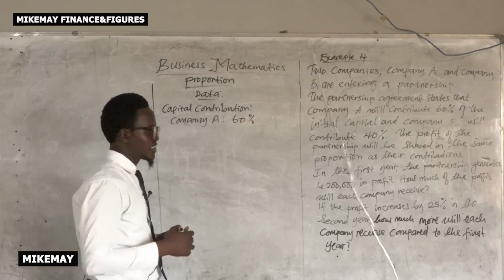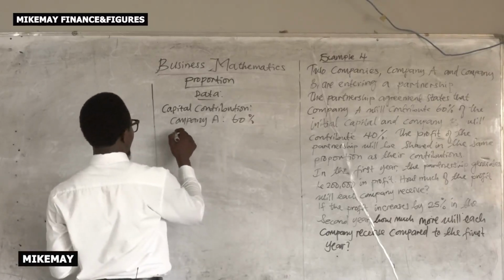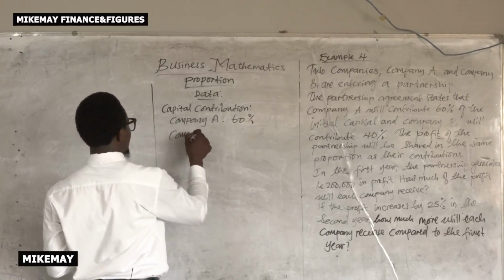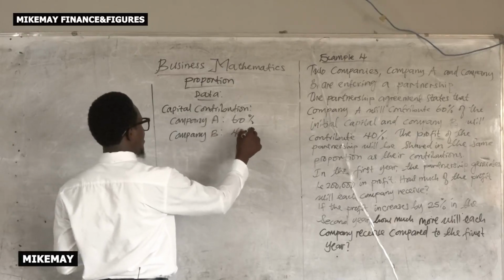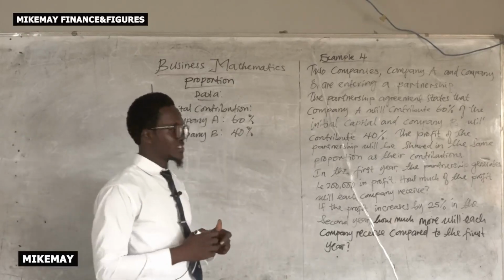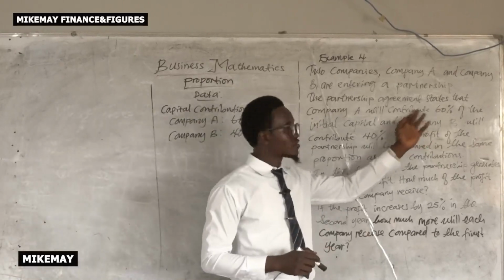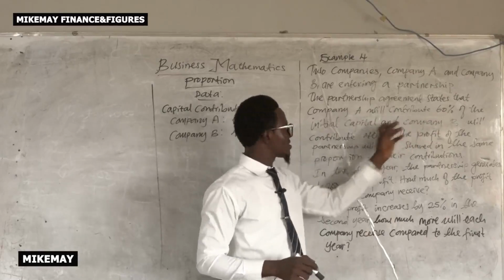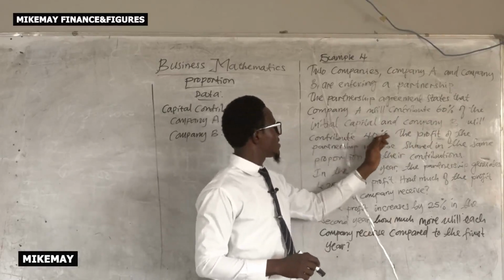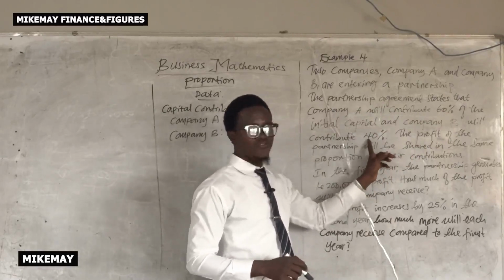Okay? It is 60%. Then company B is 40%. I hope it is clear. It is stated here. Company A will contribute 60%, and company B will contribute 40%.